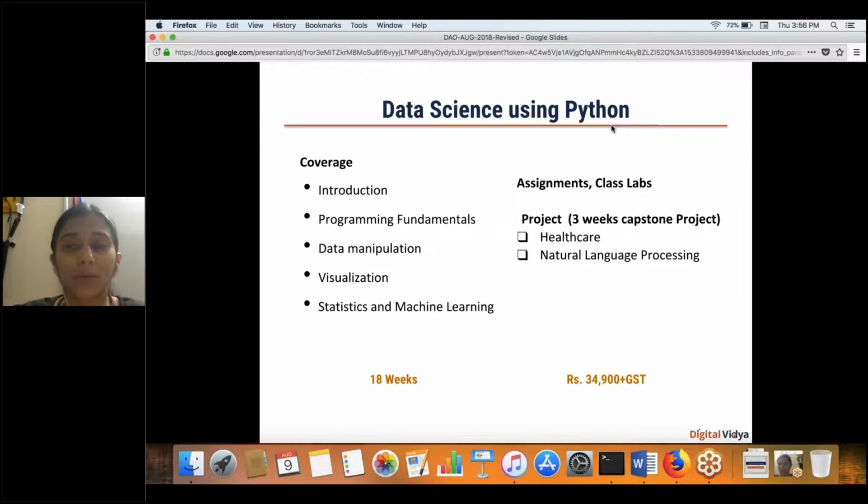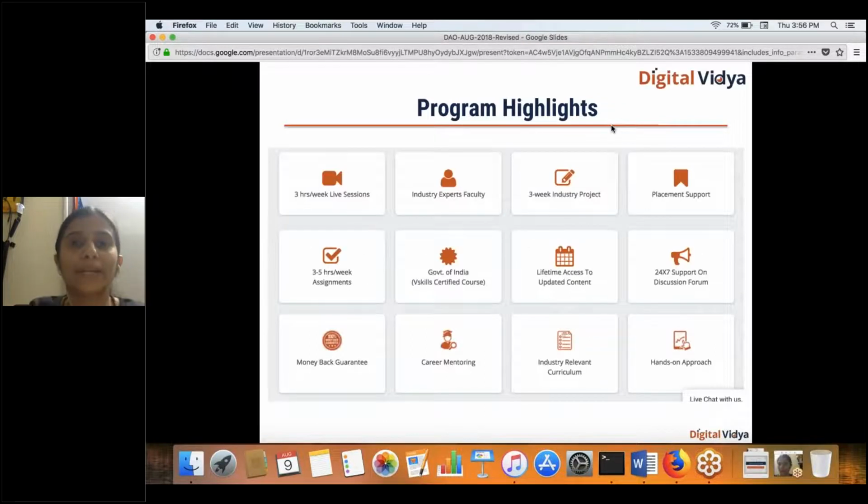So when you learn with Digital Vidya, what is really your focus? You're learning to work with data. You're learning to handle a significant amount of different data science techniques, building machine learning models and playing with different kinds of data. So the key thing here is working hands-on.